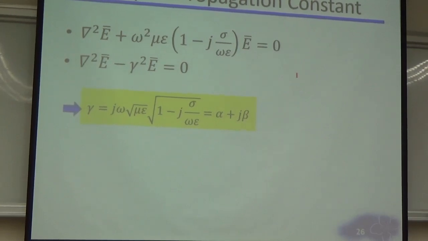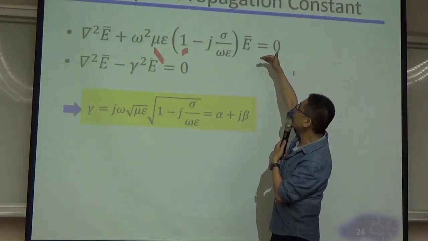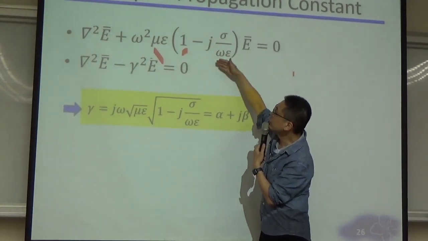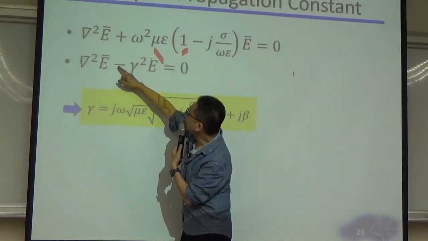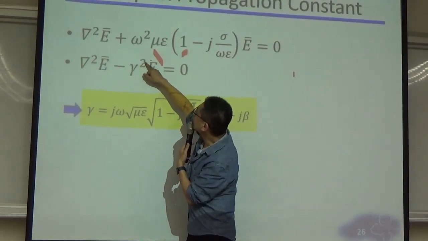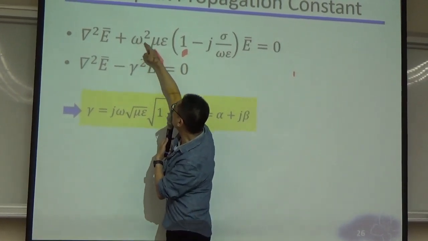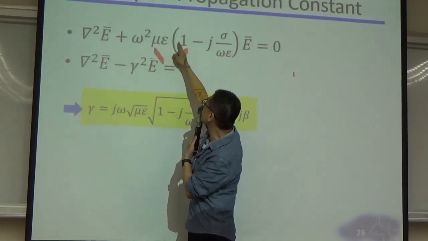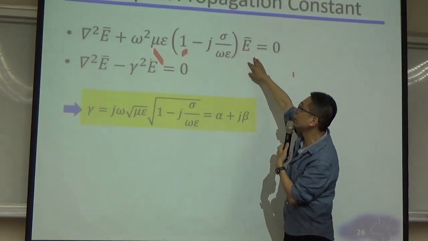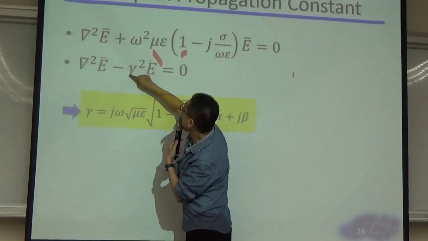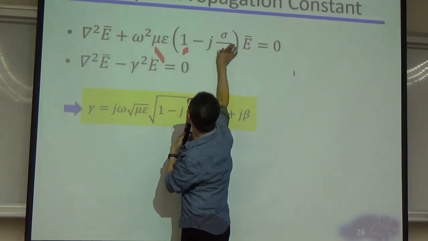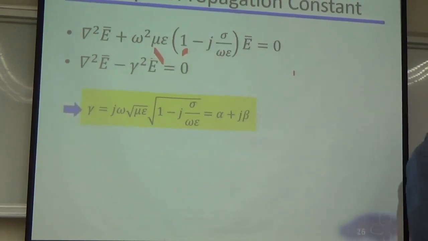So you see that here, right? You just put everything here. You compare these two equations. You realize that minus gamma square will equal omega square times mu epsilon times this term and E. And E is the same. So minus gamma square will equal this term. Let me circle it.